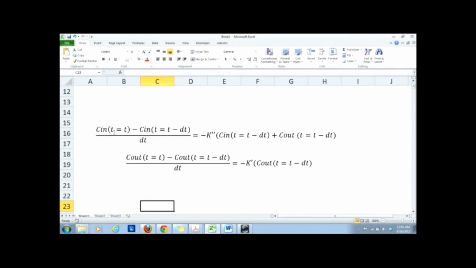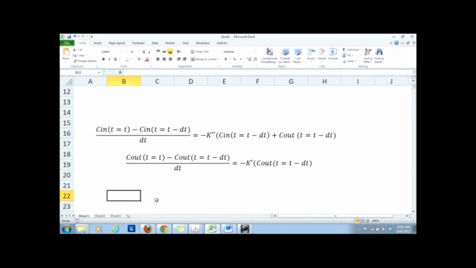So I'm saying that if I assume a very small time scale, for example 1 millisecond or 10 millisecond, then I can just assume that dC is just a subtraction of C at a forward time minus C at present time. And similarly, instead of writing C in, I can say that C in is something at the backward time. So I can write these equations like this.